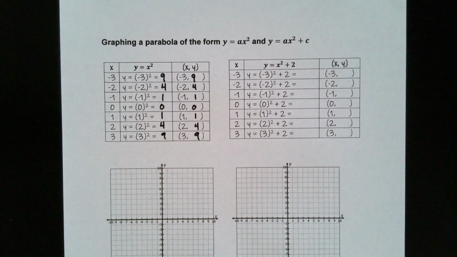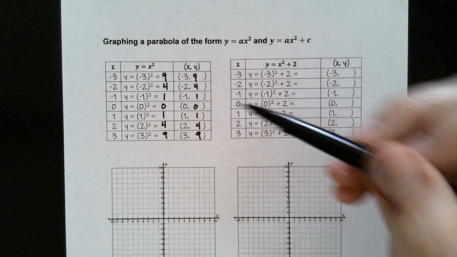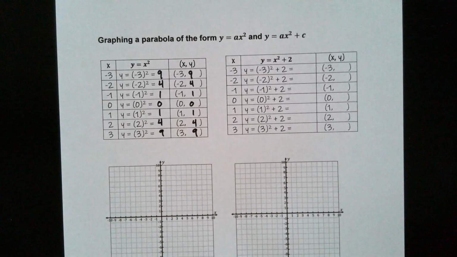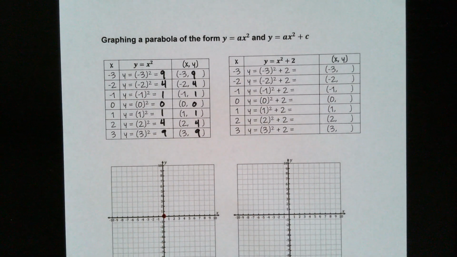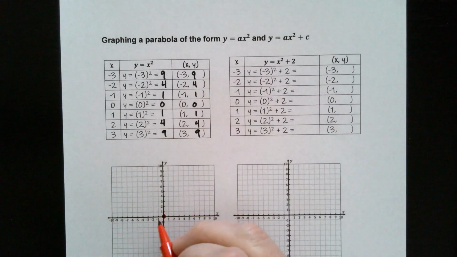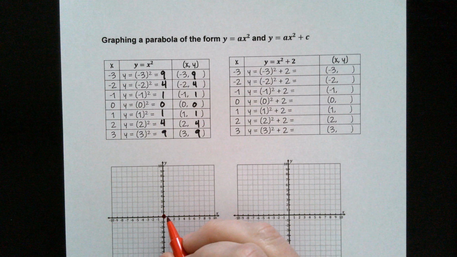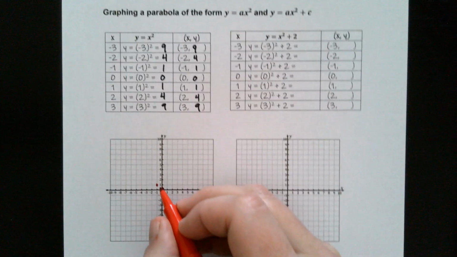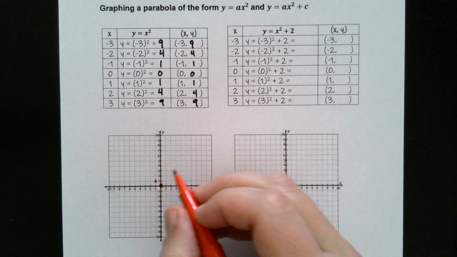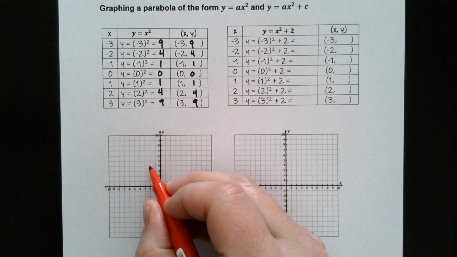All right, so now we can put these 6 points on the graph. We can start at 0, 0. That's going to be the vertex of this parabola. Then we can plot some other points. Let's do -1, 1. -1, 1 is here. -2, 4 is here.